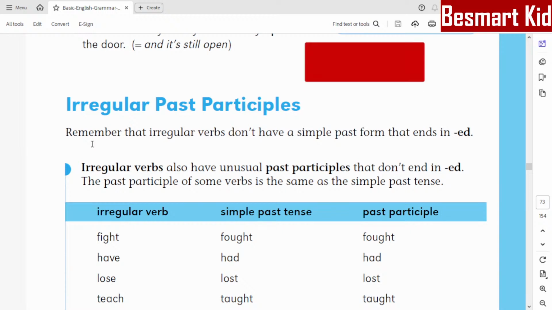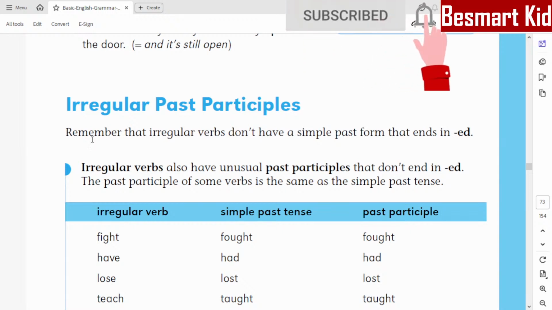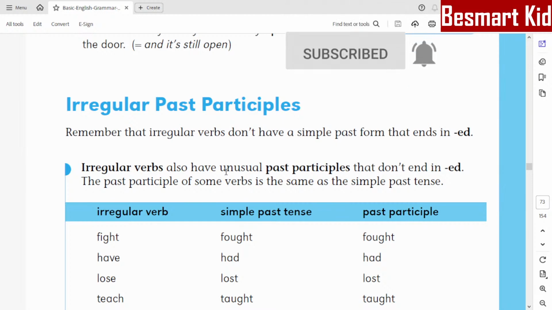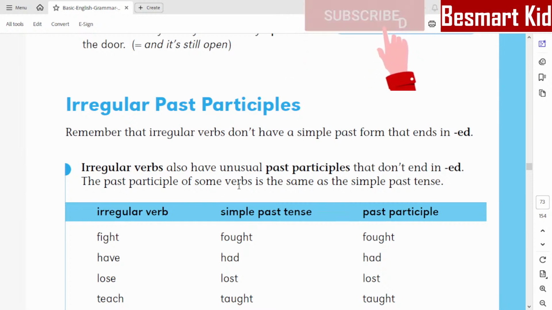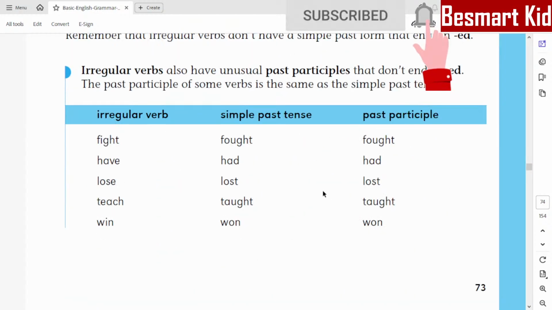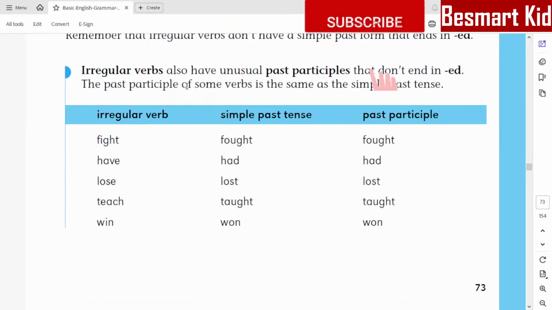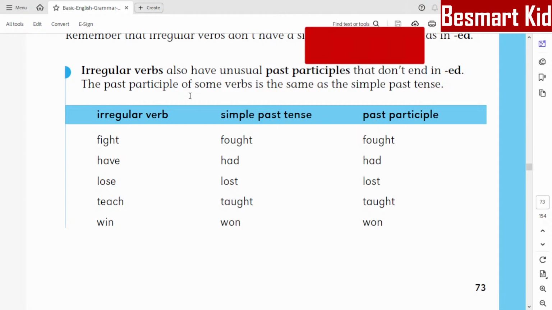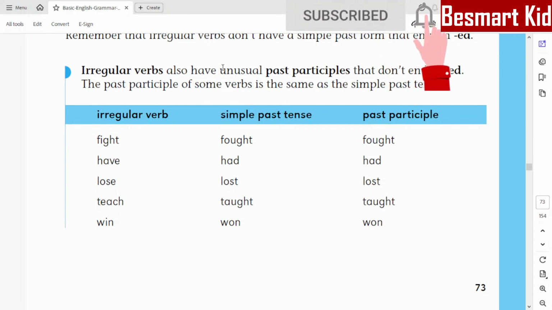Irregular verbs also have unusual past participles that don't end in ed.